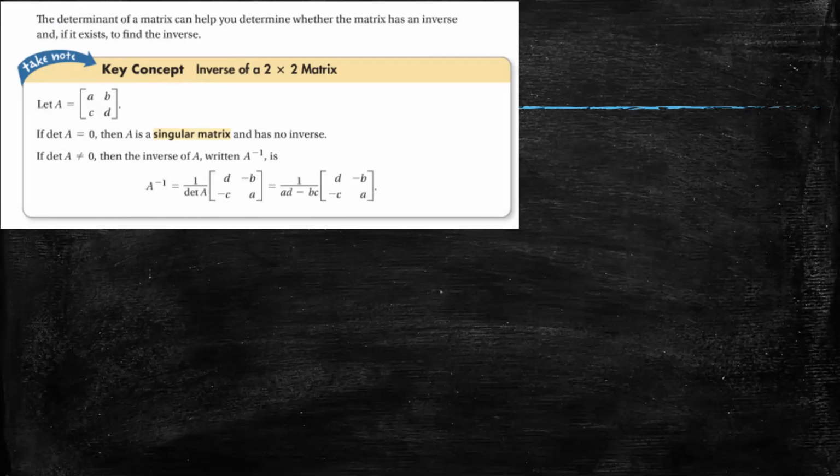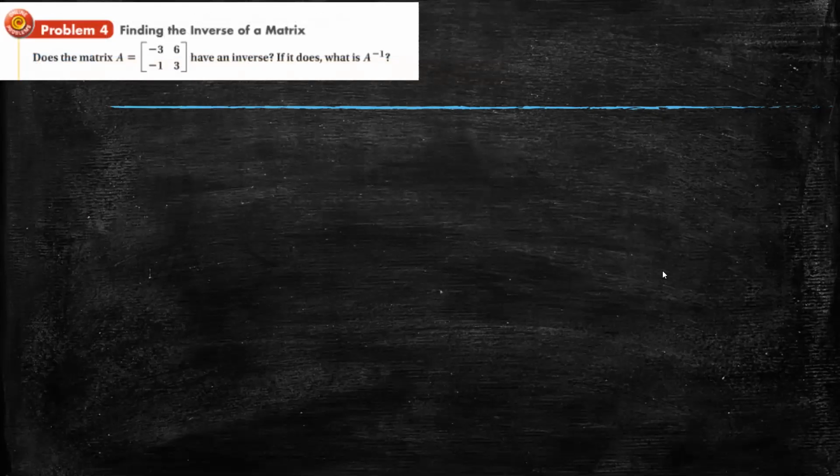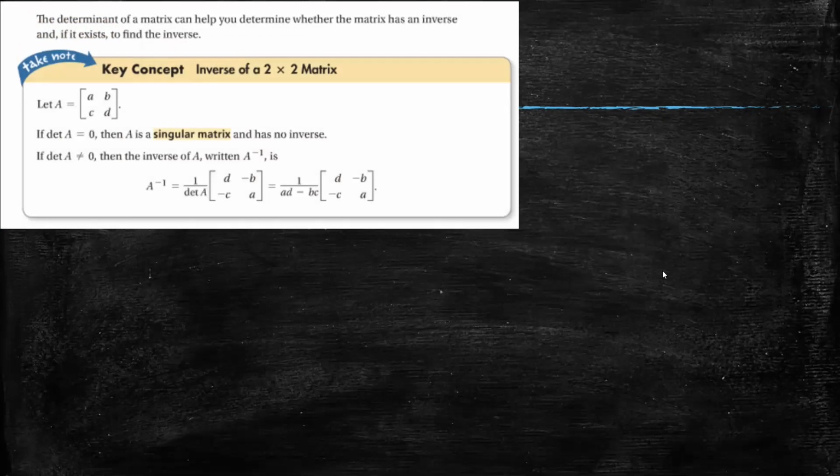Now, I told you also at the beginning that not all matrices have an inverse. It must be a square matrix. And although it is a square matrix, not all square matrices have an inverse. How can I know?